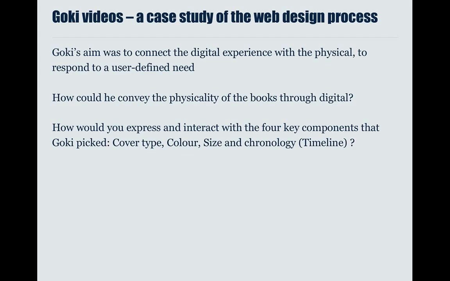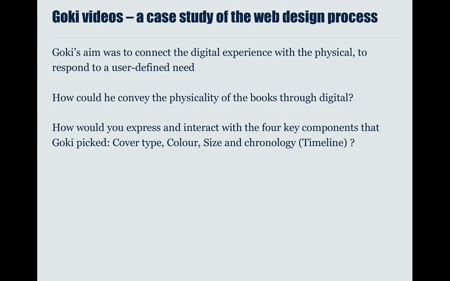Goki went through a variety of different options, but what are the implications of those choices? What are the different ways that these different kinds of information could be expressed? So, for example, he used I think it was the Night Labs or the simile timeline for the chronology. But there are very different ways of representing chronological information.